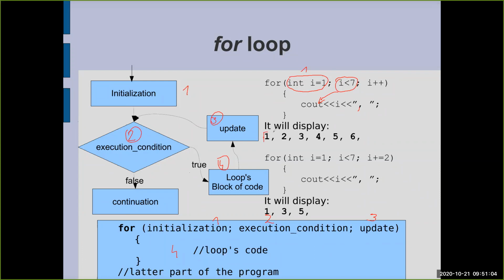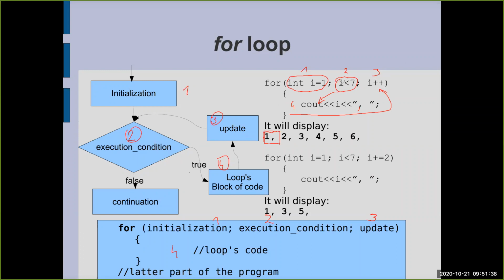So in the first iteration, these characters were printed. And now when this code was executed, we go to the update, 3. In the update, the value of i is increased by 1.